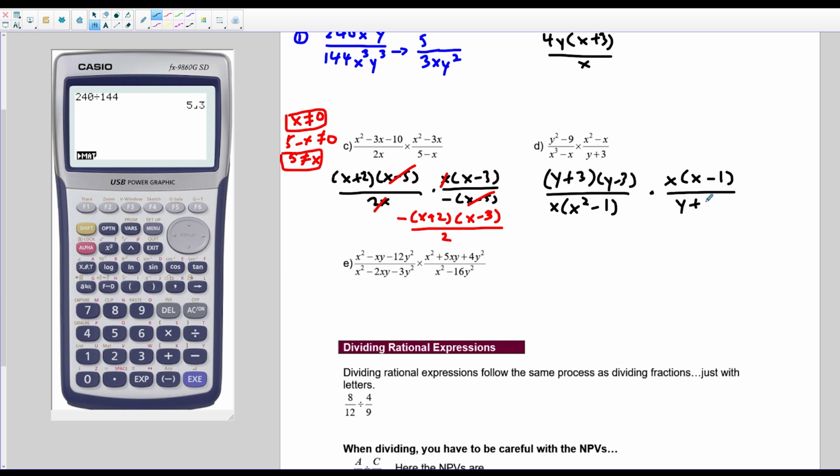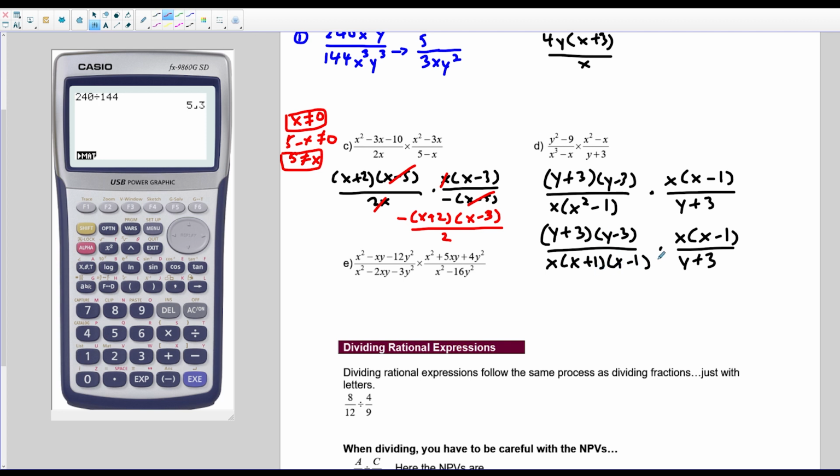On the bottom is just y plus 3. Before we can find our NPVs, we need to factor out this difference of squares here. So I have y plus 3, y minus 3 over x, x plus 1, x minus 1. And then everything else stays the same.